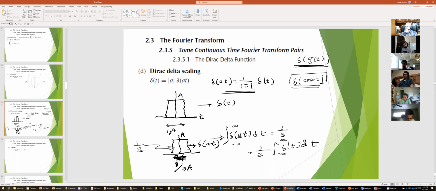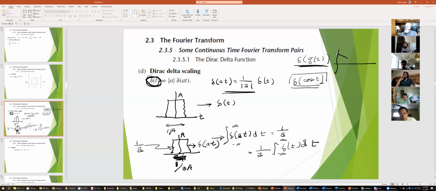It's actually not that difficult. The only time the delta function is defined is when its argument is 0, right? I mean, delta t is only dangerous when t is equal to 0. So that's the only time that we have danger here. So delta of g of t is going to be something interesting only when g of t is equal to 0.